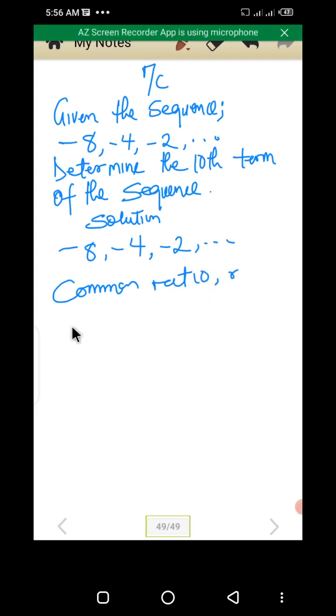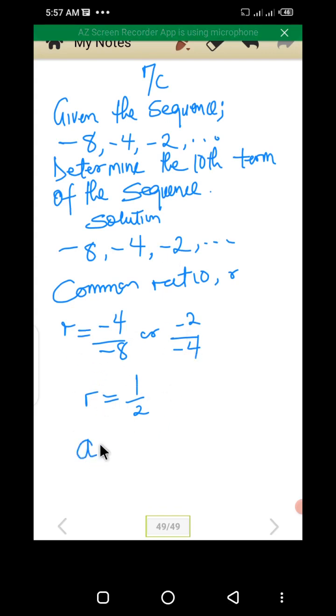The common ratio is -4 over -8, or -2 over -4, whereby the common ratio is 1 over 2. The first term is -8, and the question asks us to find the 10th term.